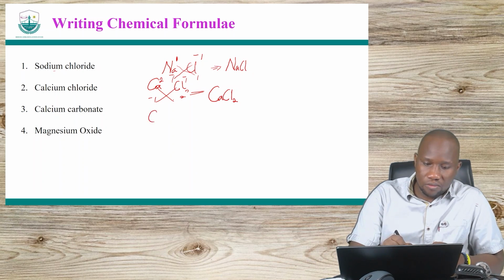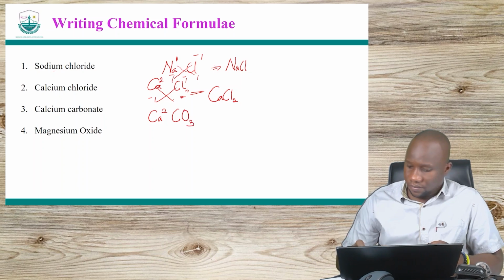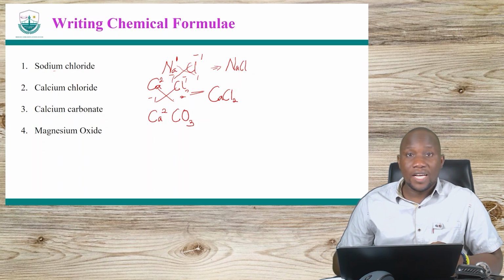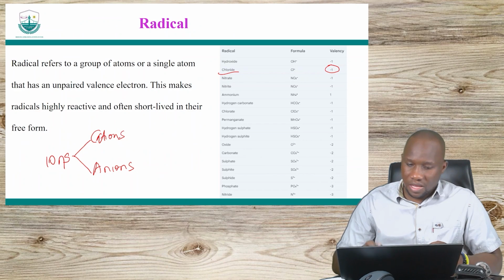So we go to calcium carbonate. We already know calcium, and then the carbonate. The carbonate is like that. That's the formula for the carbonate. So we check the valency for the carbonate, -2.